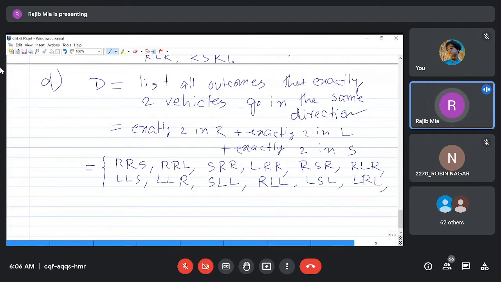Similarly, exactly 2 in straight: SSL, SSR, LSS, RSS, SLS, and SRS.